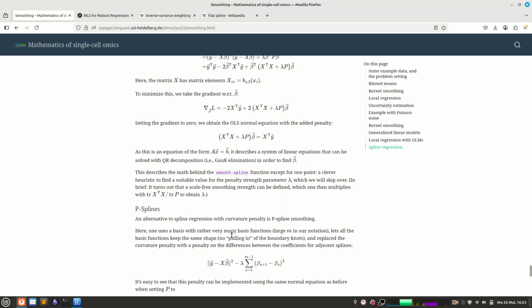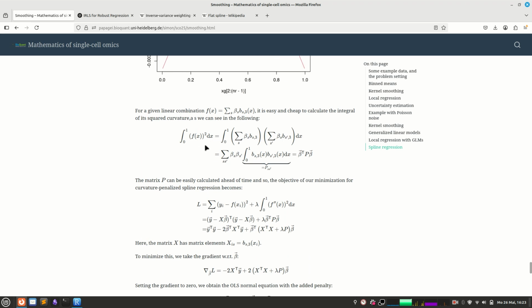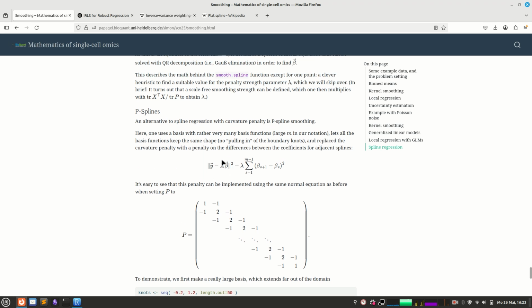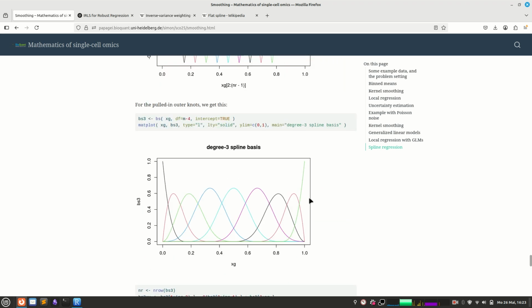Only this time I've written it not as a sum over the data points, but I just say this is a vector of y's and this is a matrix of x values, so I can write it as a Euclidean norm squared of the vector of responses minus the matrix of predictors times beta.